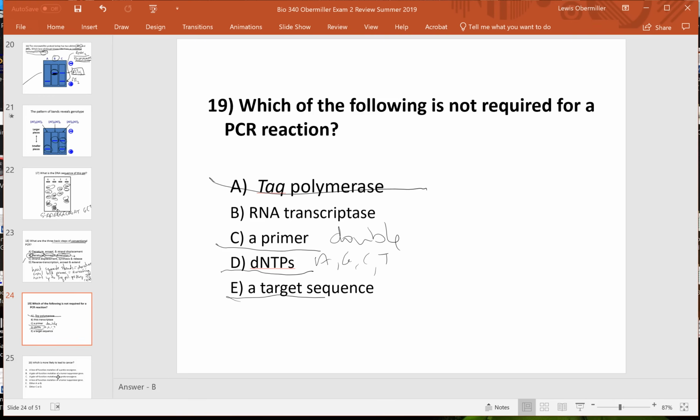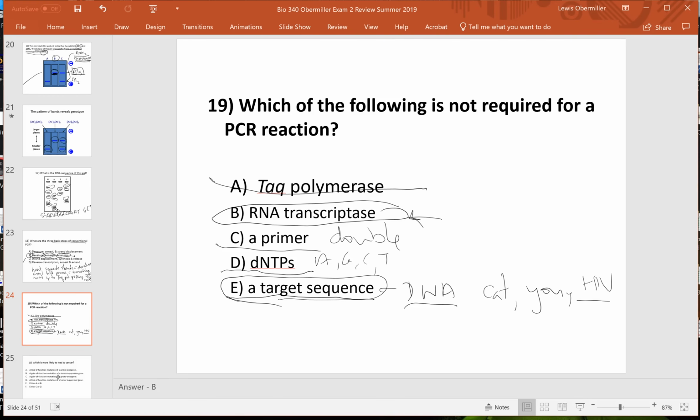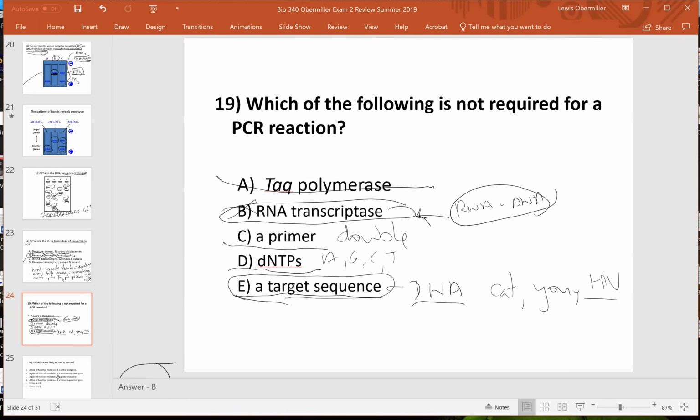And we also need the template, the original DNA that we're going to copy, right? So this could be from your cat, or it could be from you, or maybe we're targeting the virus, that HIV that would be in your blood. But regardless, we're going to need the DNA template. So we don't need RNA transcriptase. This is used to convert RNA into DNA. And honestly, we haven't even talked about that. So the answer is B.